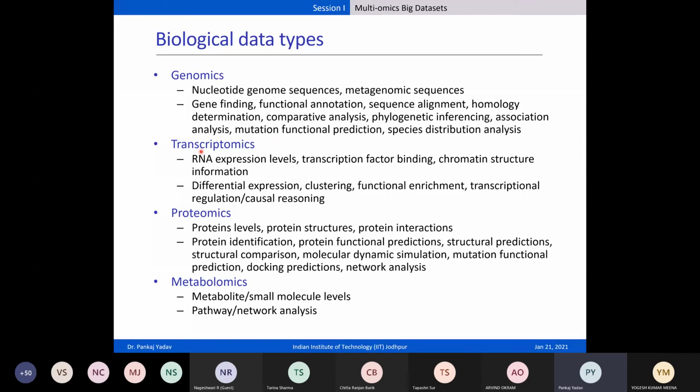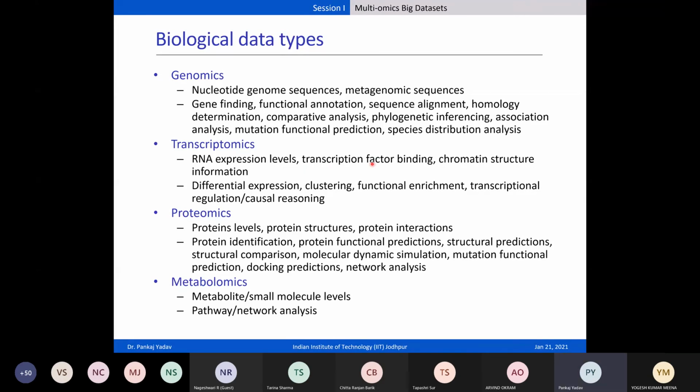So the next level of data that exists in biology is transcriptomics level data, where we have RNA expression levels. Basically, these are the number of transcripts, or RNA molecules, that are produced in a given condition or set of conditions.